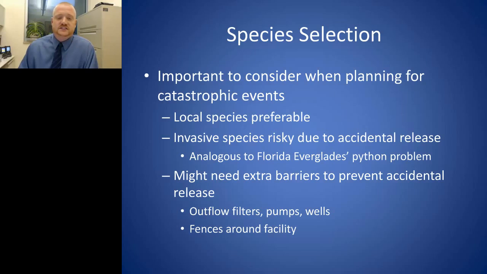So fences help keep the fish inside the facility instead of in the waterway. Obviously, it's not good for the fish, but it's good for the ecosystem. You can also have outflow pumps, filters, and wells, and that's how we do a lot of our outflow, so as to prevent accidental release of species and things like that.